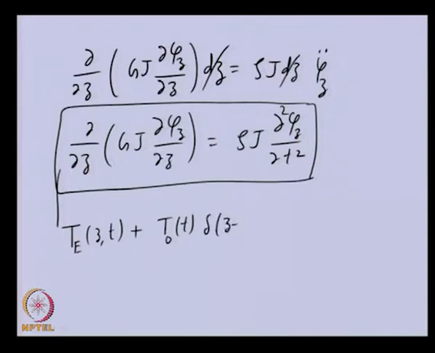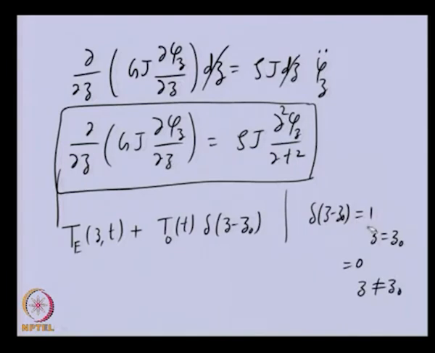So, we will be using a Dirac delta function delta to specify that particular torque. You can see this Dirac delta function has the property that it will be equal to 1 when z is equal to z naught, and it will be 0 when z is not equal to z naught.